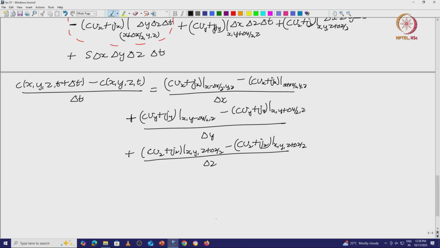Plus the source term. Note that the source term here is multiplied by delta x, delta y, delta z, delta t. So, when I divide throughout by the volume and time, I just get S.